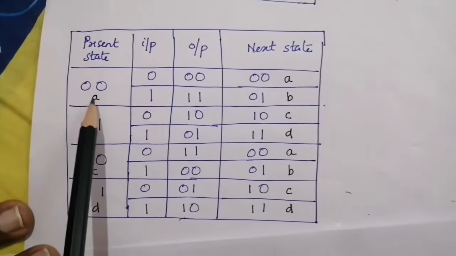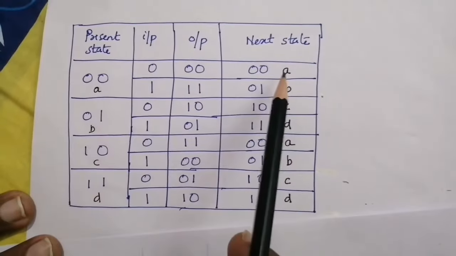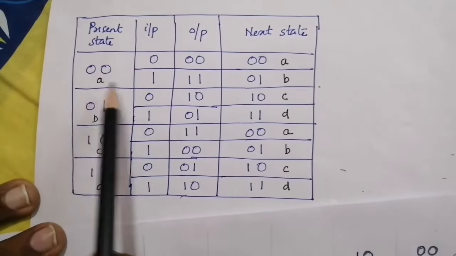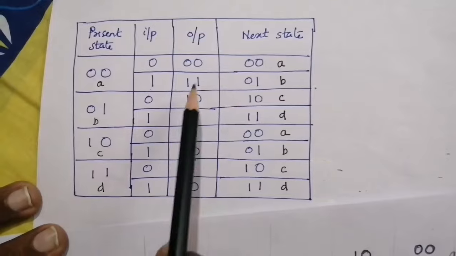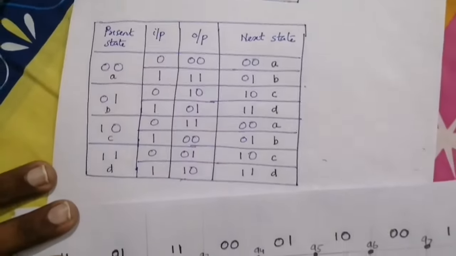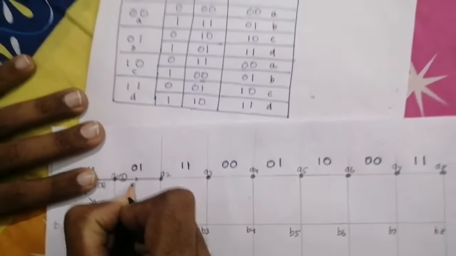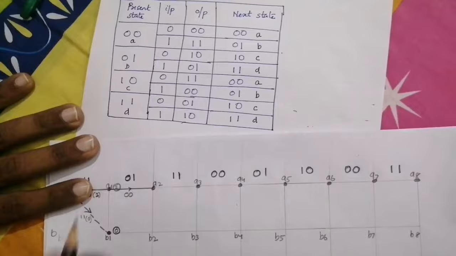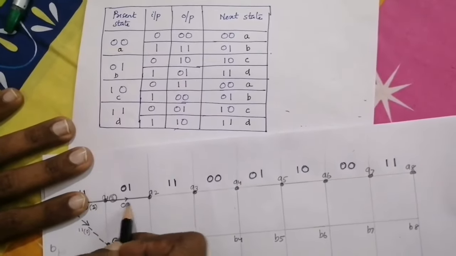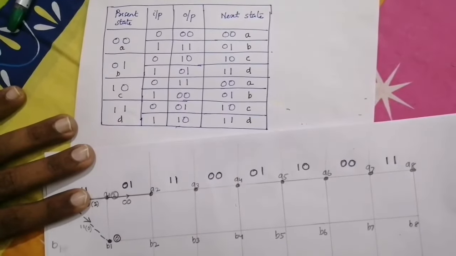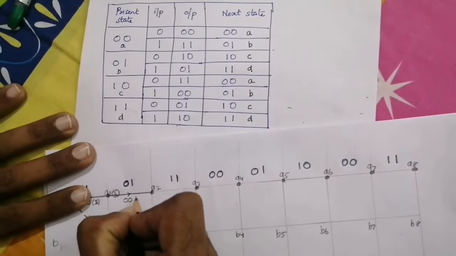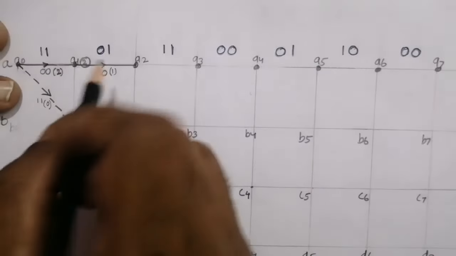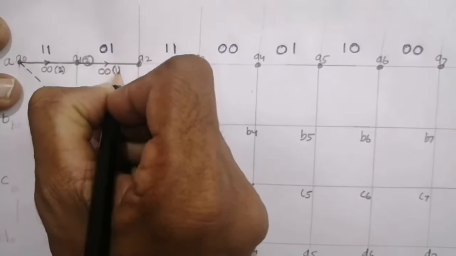So from this table we can see that if we start at A, if 0 comes, it will go to state A. If from A, if 1 comes, it will go to state B, and output is 1 1. So here what is output? Output is 0 0. So I will draw like this, 0 0. Now what is the discrepancy between the path sequence and the received sequence? It will be 1 only. So I will write the discrepancy in brackets like this.